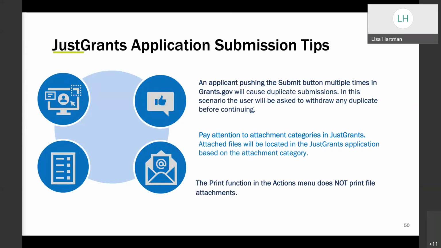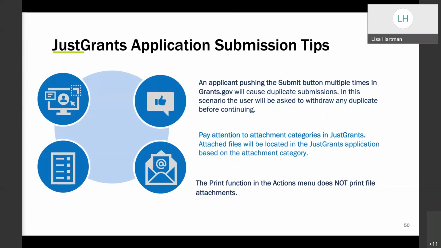Now, when you are uploading, and this is a really important point, when you're uploading any documents into JustGrants, you're going to be asked to select an attachment category. It is critical that you make a thoughtful choice when you're selecting that attachment category. For instance, if you're uploading an indirect cost agreement, you're going to be presented with a drop-down menu of attachment categories.